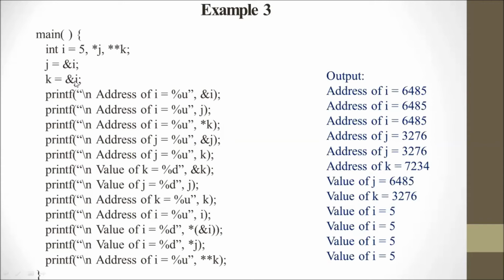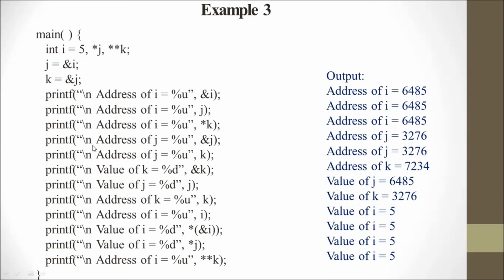Here j contains the i address, and we assigned j's value to k. So j actually stores the i address, and this i address is stored in the k variable. So k will print the ith address, 6485.